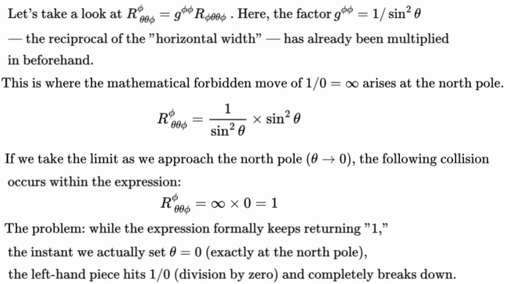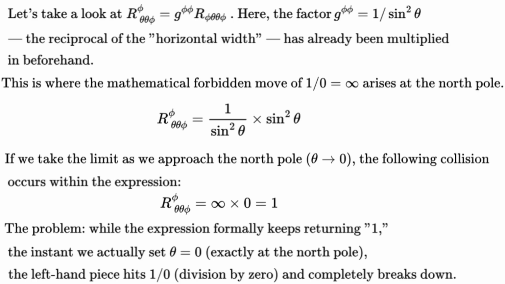Let's take a look at R phi theta theta phi equals g phi phi R phi theta theta phi. Here, the factor g phi phi equals 1 over sine squared theta. The reciprocal of the horizontal width has already been multiplied in beforehand. This is where the mathematically forbidden move of 1 over 0 equals infinity arises at the North Pole.